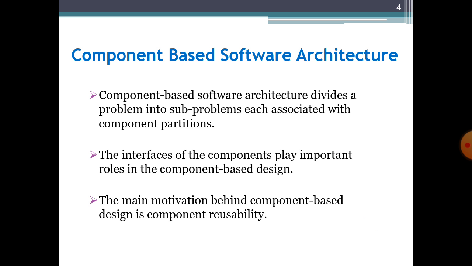This architecture also provides a higher level of abstraction and divides our problem into different subproblems, each associated with a component partition. We can also say that the primary objective of this component based architecture is to ensure component reusability, and this is the most important aspect of component based architecture.